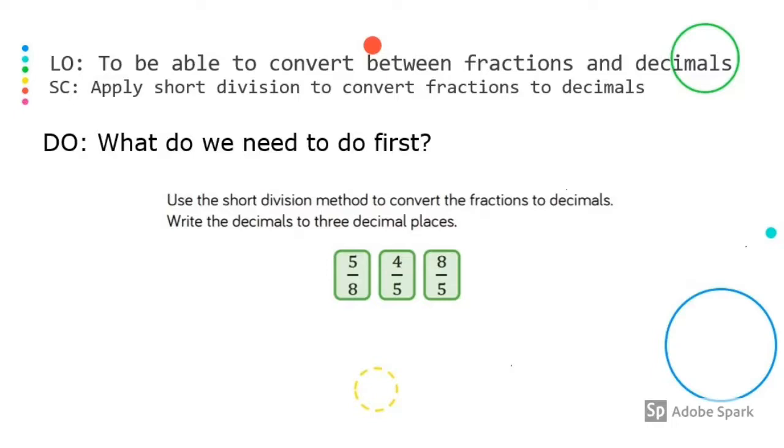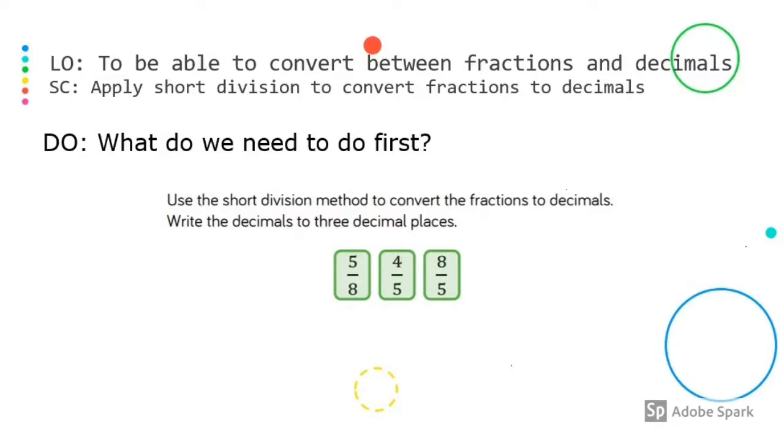Now we've not used that 5 yet, so what we're going to do is exchange the 5 to 50 tenths. So you'll need to draw a little 5 before the 0. Now work out how many times 8 fits into 50. Write your answer on top of the bus stop after the decimal point. Keep on going, adding zeros inside the bus stop and exchanging whatever is left over.